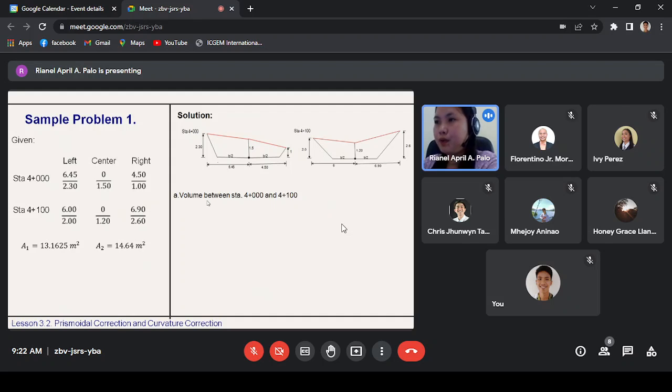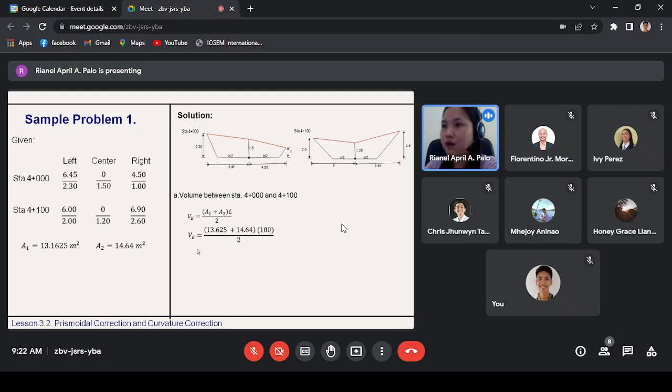So, we are asked to compute the volume between two stations with the prismoidal correction. This is our formula for the volume using the end area method. The cross-sectional area of the first station is given as 13.1625. The area for the second station is 14.64 square meters. The length is the distance between two stations, 4,100 minus 4,000, which equals 100.